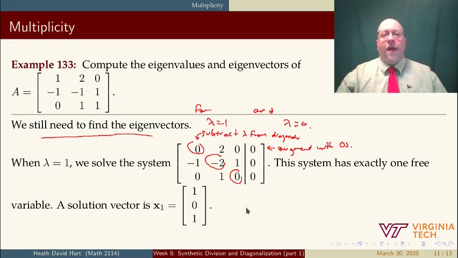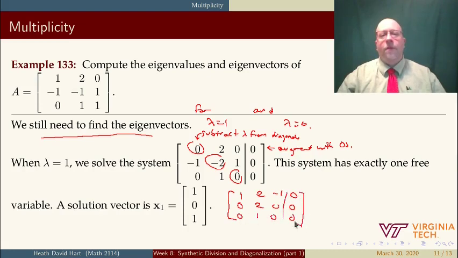This system turns out to have only one free variable, and this is a solution. But let's walk through the process of finding this. If I try to row reduce this, what I might do is bring this negative 1 to the top row and change the sign, make it a positive 1. So I'm going to rearrange some stuff here. 1, 2, negative 1, 0, 0, 2, 0, 0, and 0, 1, 0, 0. This row and this row are almost multiples of each other.